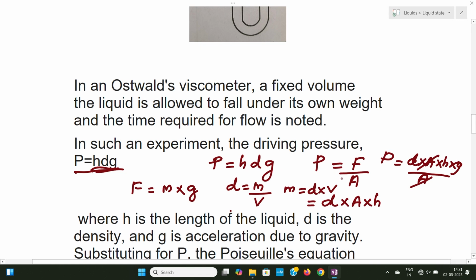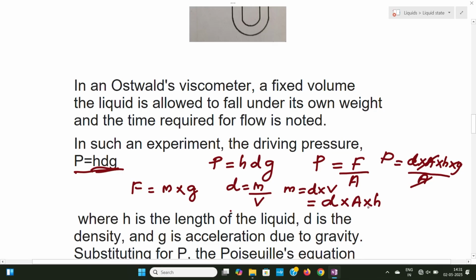To recap, pressure is force divided by area. Force is mass into acceleration due to gravity. Density is mass by volume, therefore mass is equal to density into volume. Volume is area into height, so mass is equal to density into area into height.